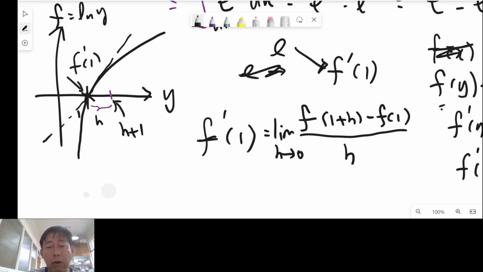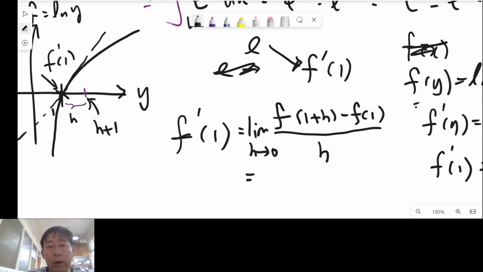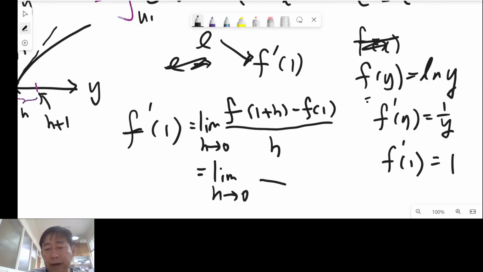So we are going to continue from here and work out the details. Here I write down the limit of h to 0 of the function f of 1 plus h minus f of 1. The function f is, as I mentioned, by definition the log of y, right?